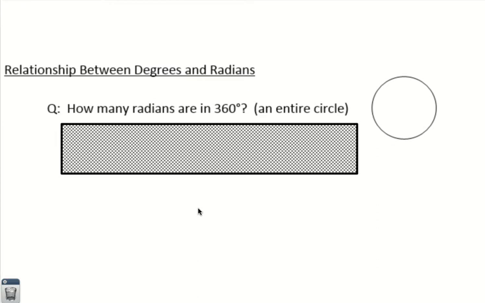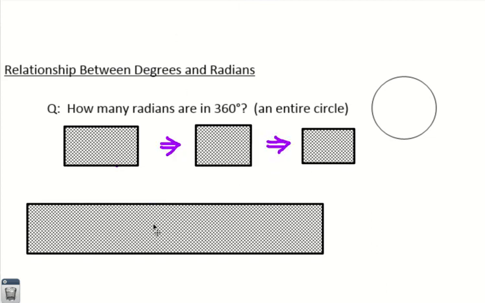All right, so something to challenge your brain a little bit right now. How many radians are in 360 degrees? This is kind of like asking how many inches in 3 feet. How many radians would be equivalent to the entire 360 degrees?